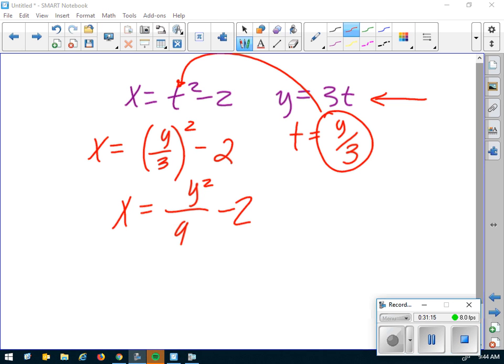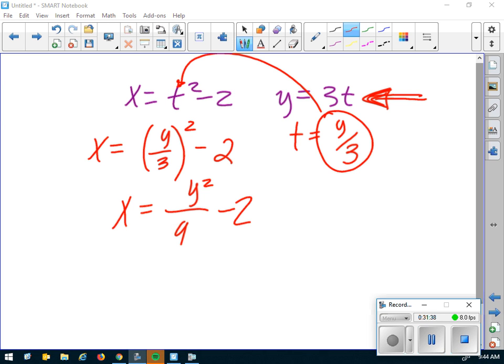Okay, we are looking at number 7 in your notes. Yes, we skipped number 6. I'll come back to it. But what I'm trying to do is eliminate the parameter. So I'm trying to get rid of the t's and write this as one equation with just x's and y's, no t's. So what we did is we started right here.